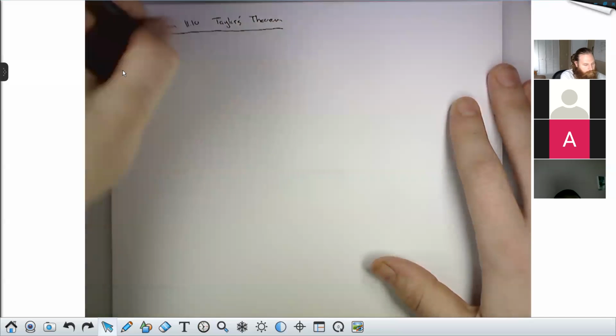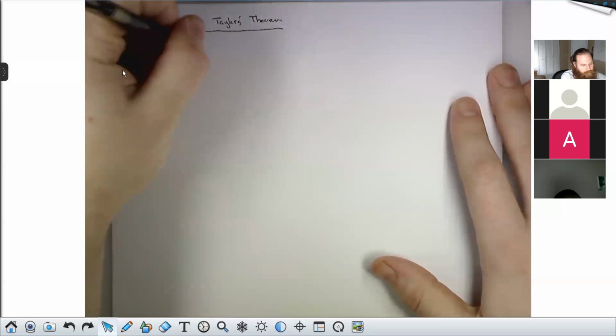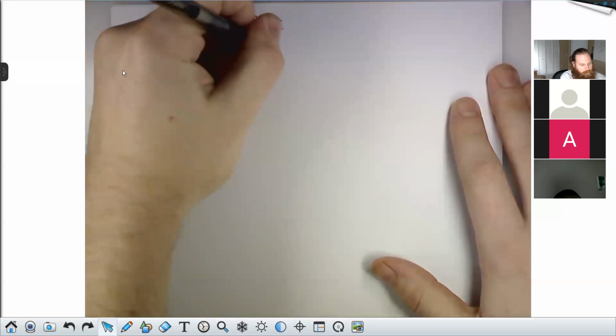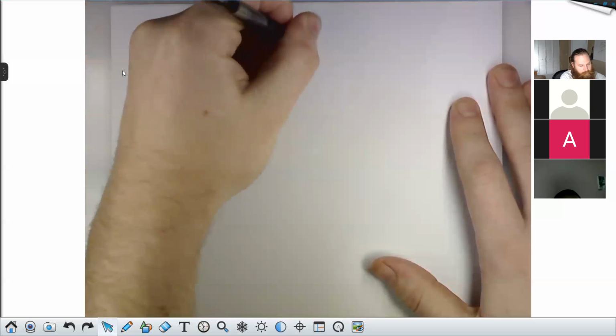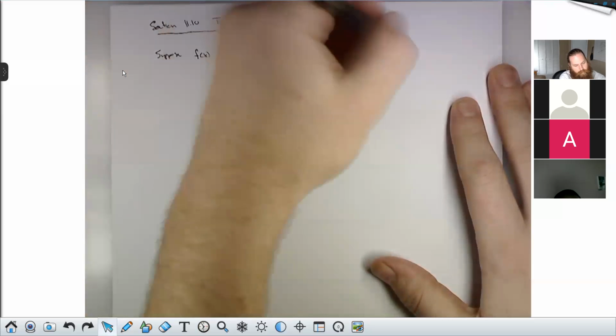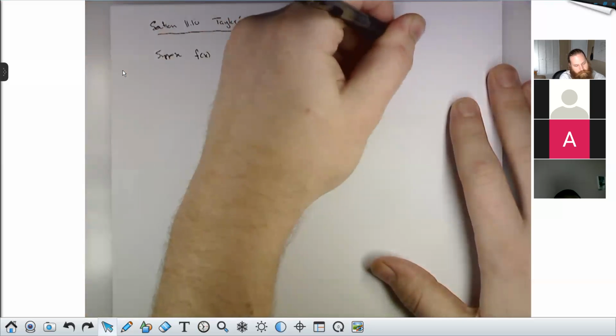Here's the idea. Suppose your function f of x has a power series centered at x equals a.